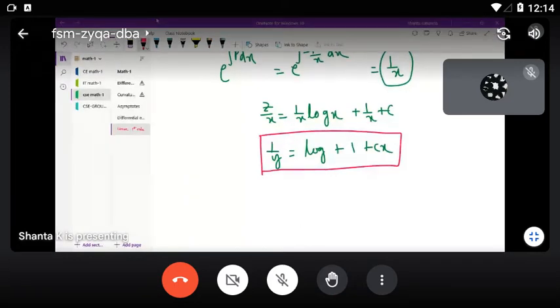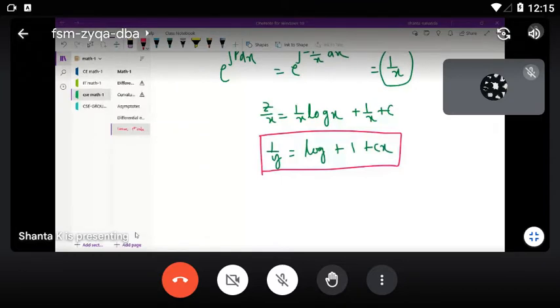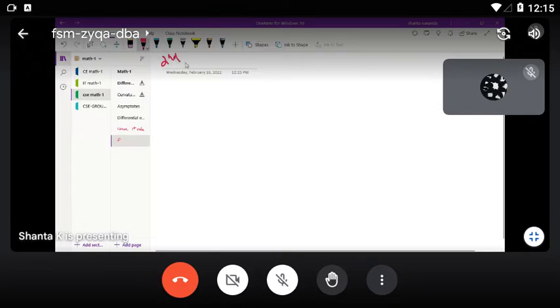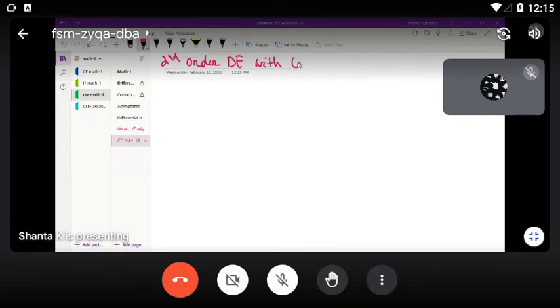So the next part is second order differential equations with constant coefficients.